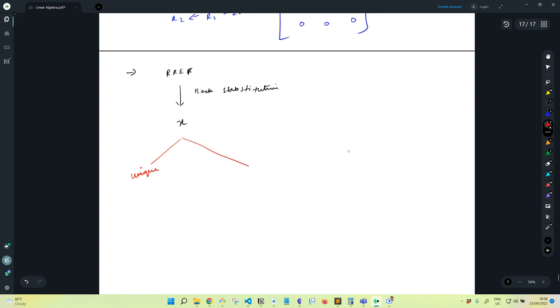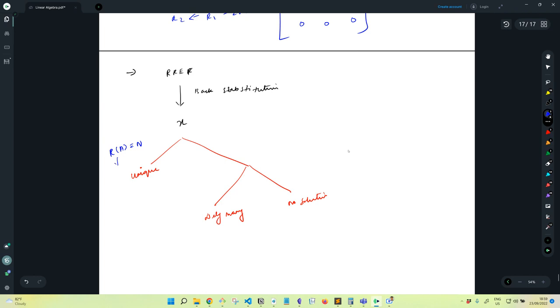Either x is unique, or you have x infinitely many, or no solution, right? When is x unique? It is unique under only one case, that is when rank of A equals n, where n is the number of unknowns.